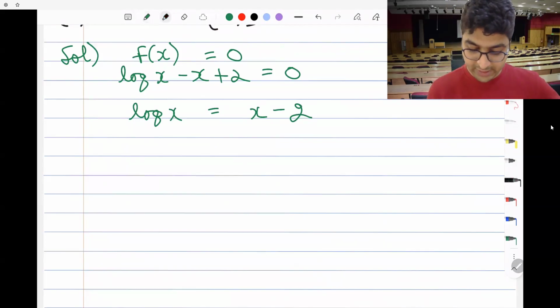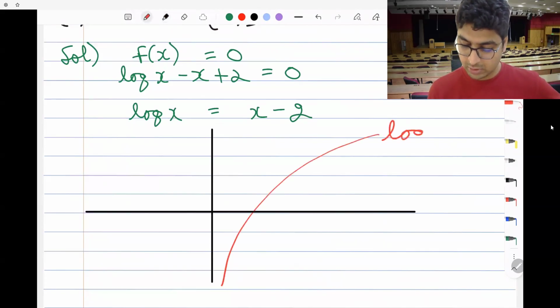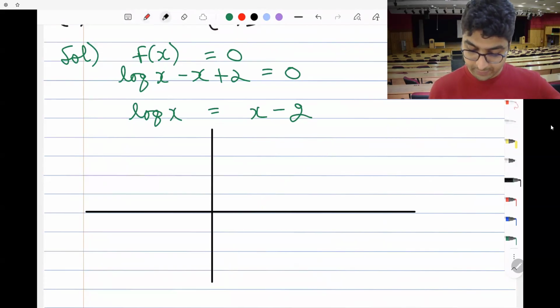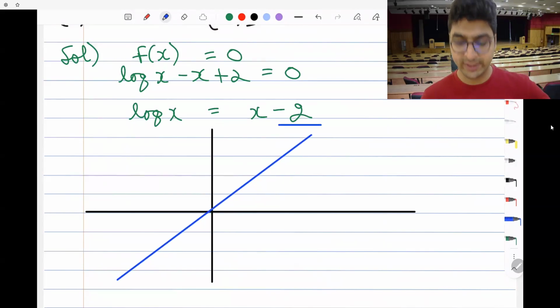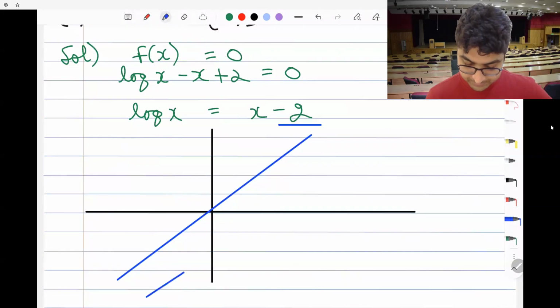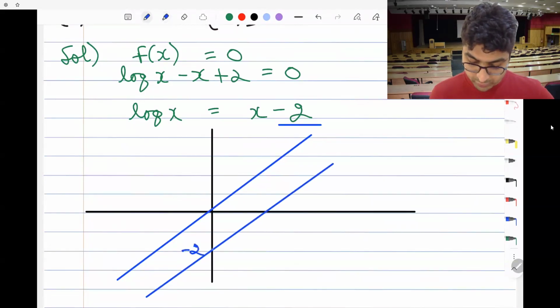Okay, so for doing that I can simply plot both the curves. This is log x, right? And this is y equal to x. Now I need to subtract 2, so it will come 2 units down. It will look like this. This is minus 2. This is 2.